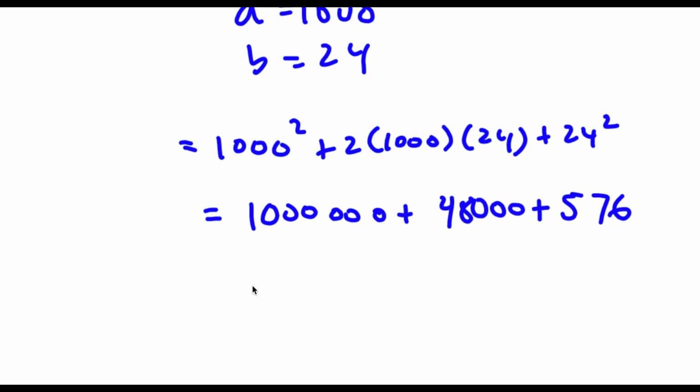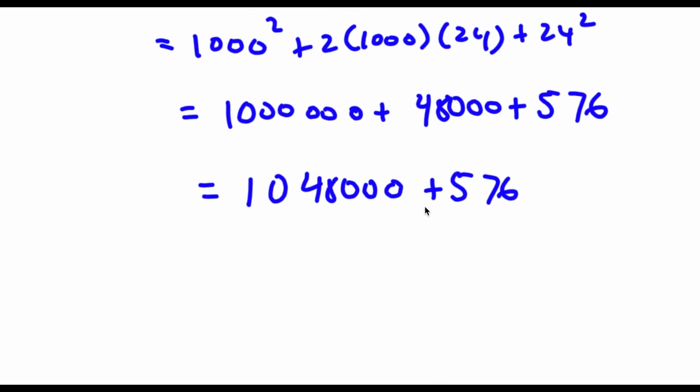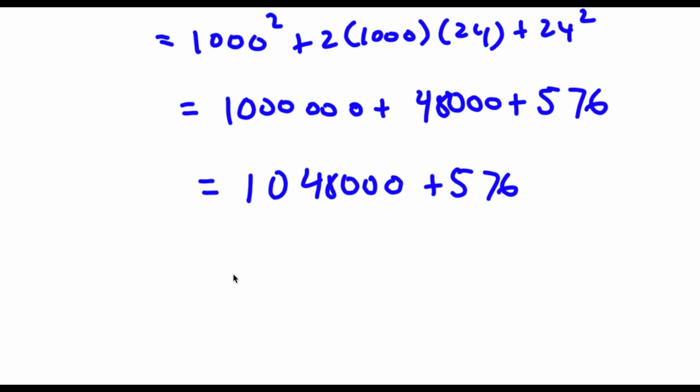Now, if I add all of these, 1 million plus 48,000 is simply going to equal 1,048,000, plus 576. And 1,048,000 plus 576 is simply equal to 1,048,576.